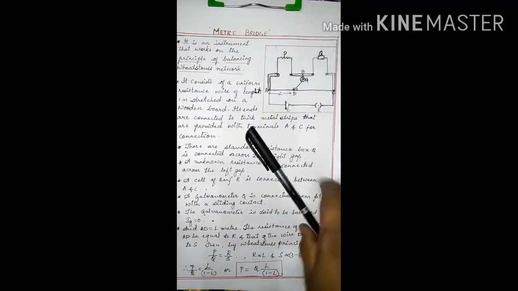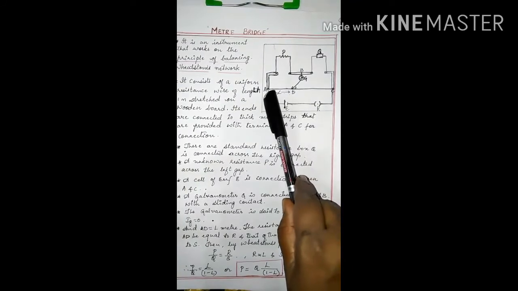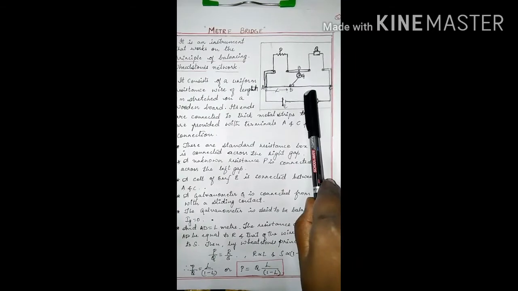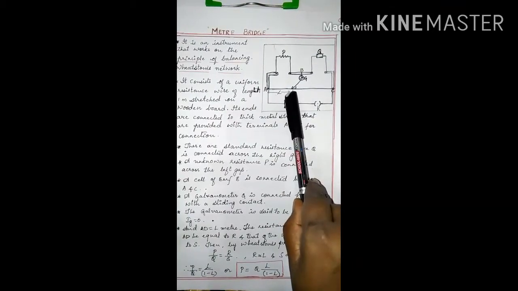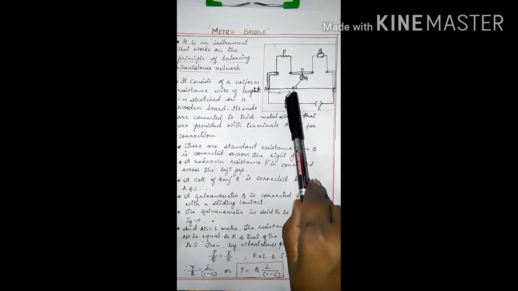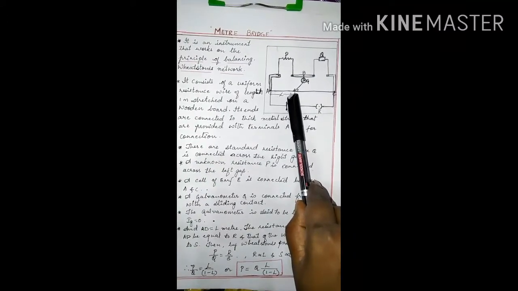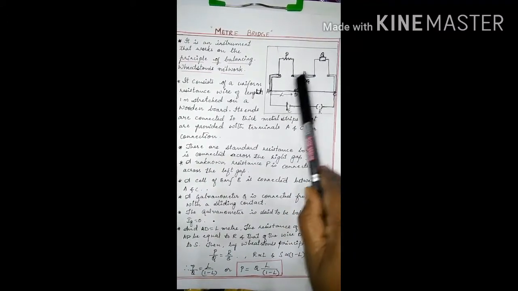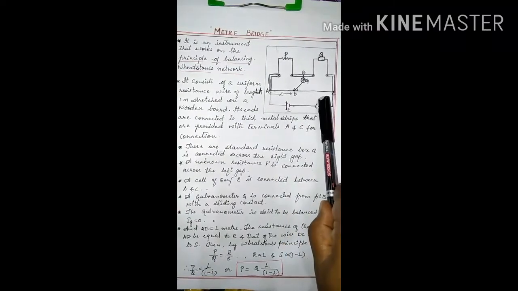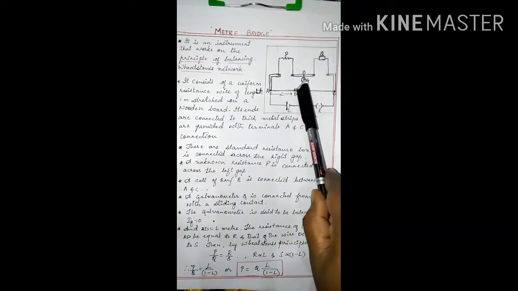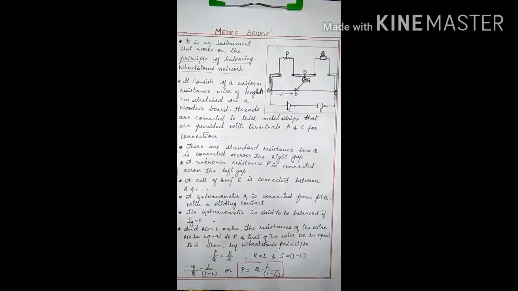So when we slide this jockey on this wire, at a certain length we get a balancing length. That means when the ratio of the two resistors is equal to the ratio of the other two resistors, the galvanometer shows 0 deflection.